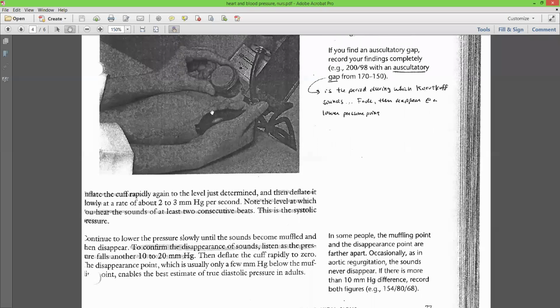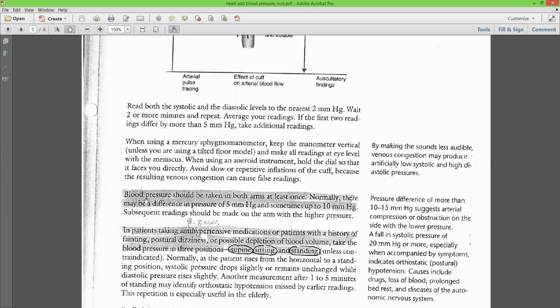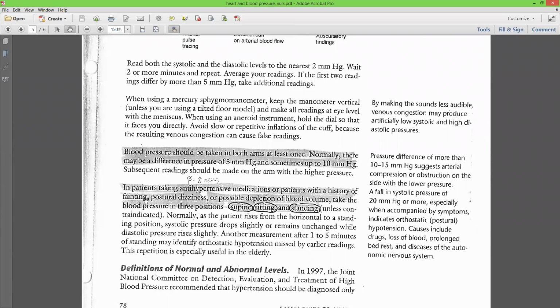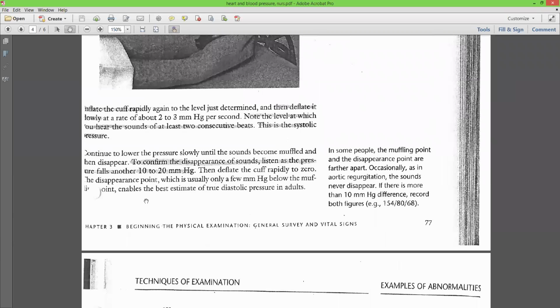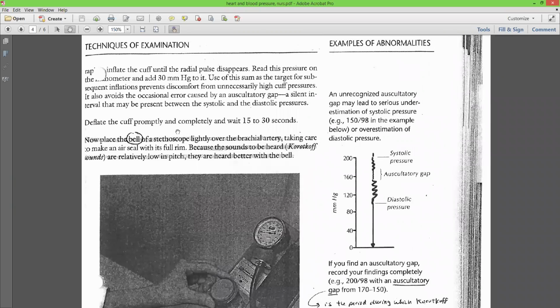And what they have to do with is picking up on different sounds. So the bell picks up on certain pitches, and that's how they describe the sounds, okay, a certain pitch, and the diaphragm picks up on a certain pitch.